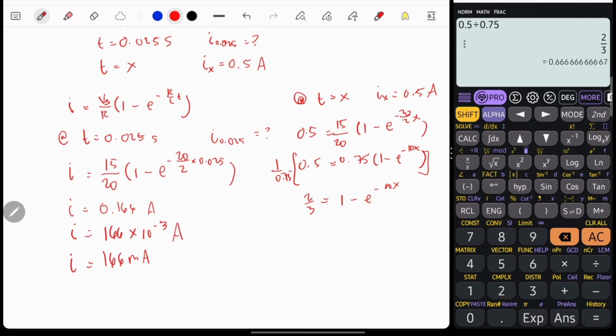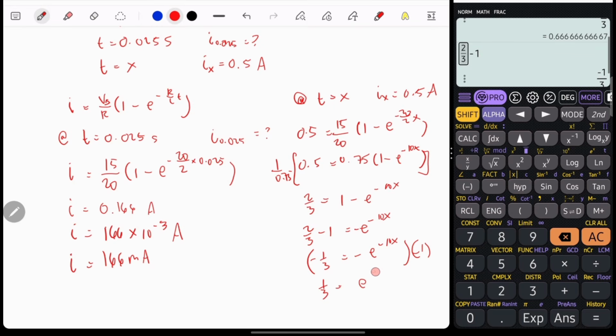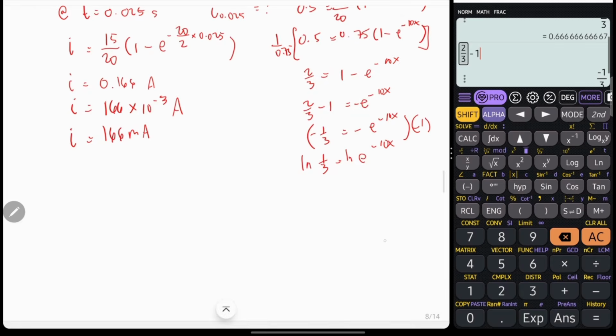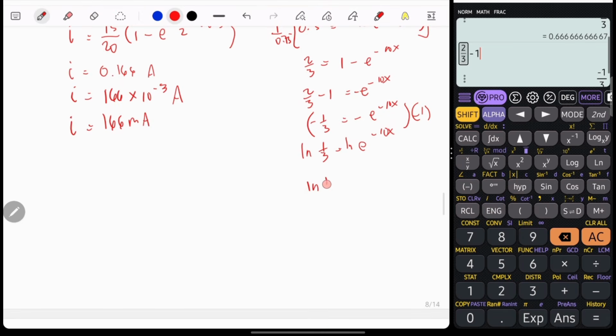Then transpose 1. So 2/3 minus 1 equals negative e to the negative 10x. 2/3 minus 1 is negative 1/3. Negative 1/3 equals negative e to the negative 10x. Then multiply both sides by negative 1. So positive 1/3 equals e to the negative 10x. Ln both sides, we have ln 1/3 equals negative 10x. Then divide both sides by negative 10.